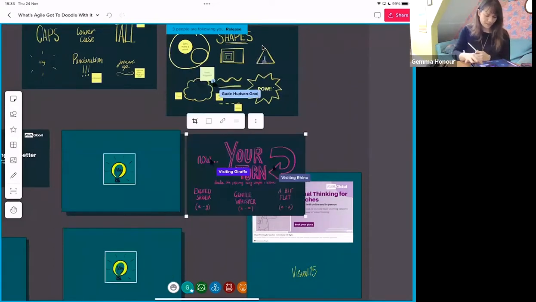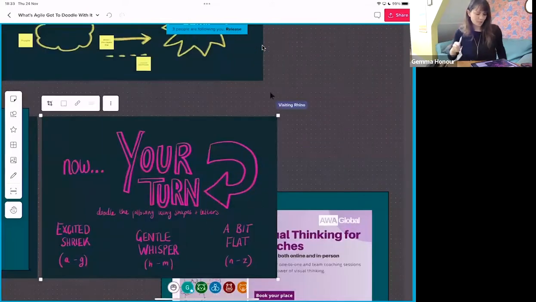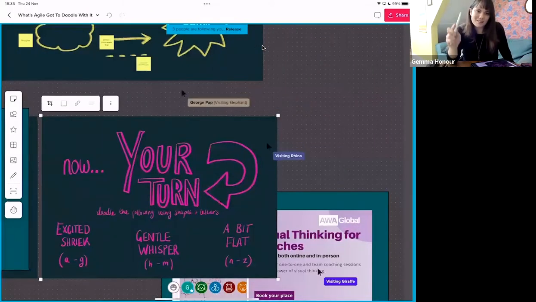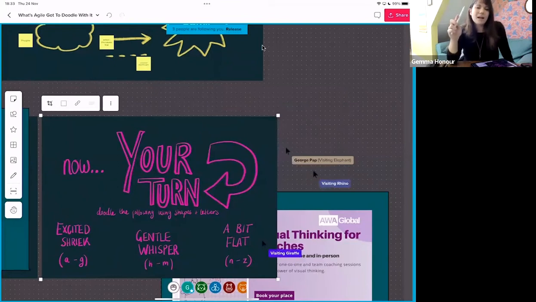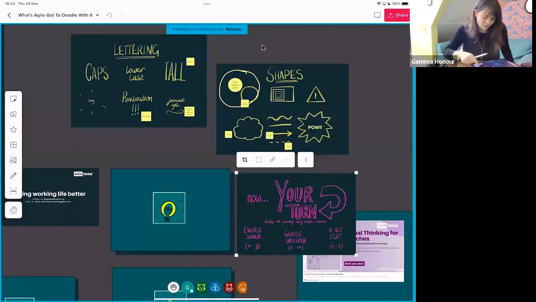Anybody who has a name starting between A and G, I want you to write the words excited shriek and choose the right kind of lettering style and the right shape to convey those words best. Use whichever one you want.